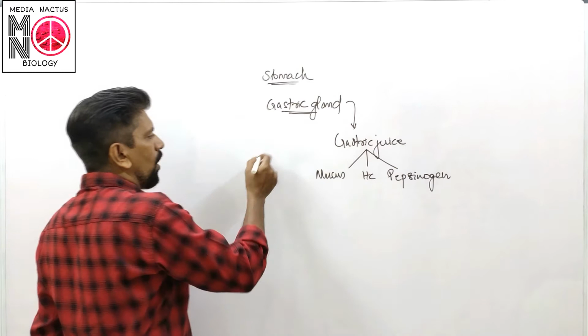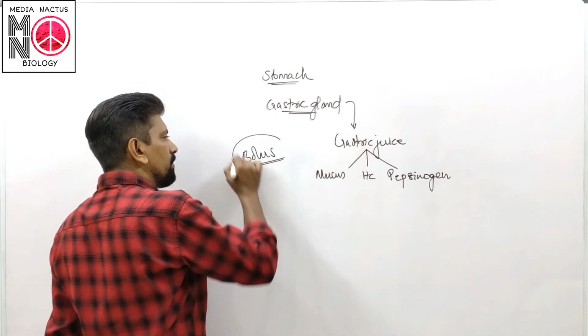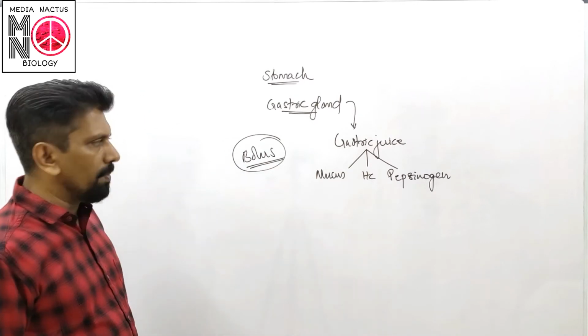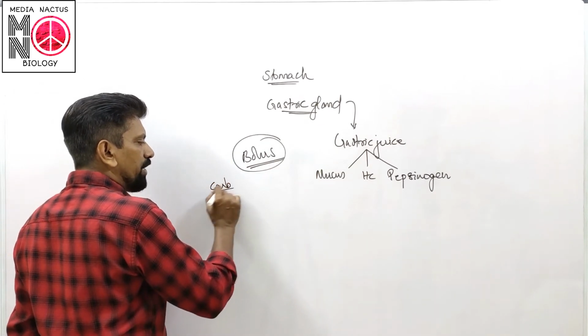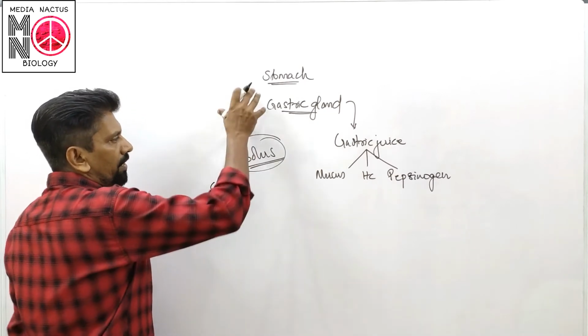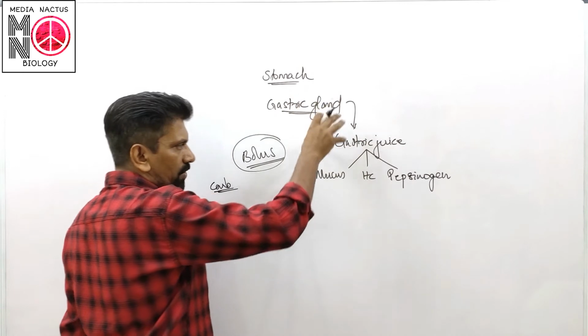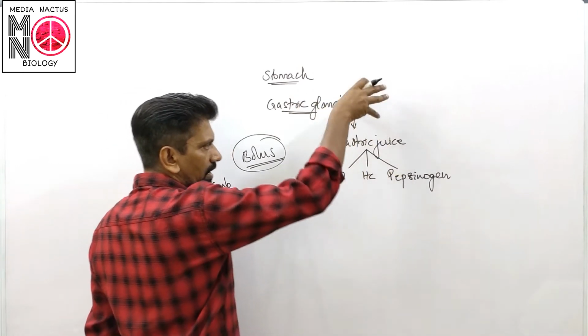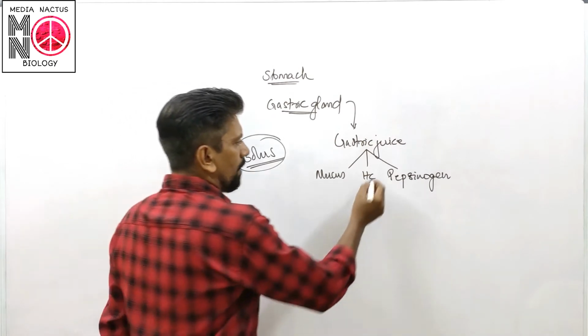So the bolus, which contains different types of nutrients, reaches the stomach region. Only carbohydrate tends to be digested in the mouth region, and the other food particles, all the nutrients, reach the stomach region.